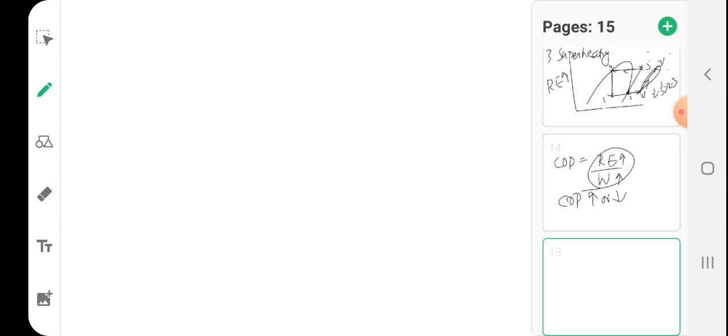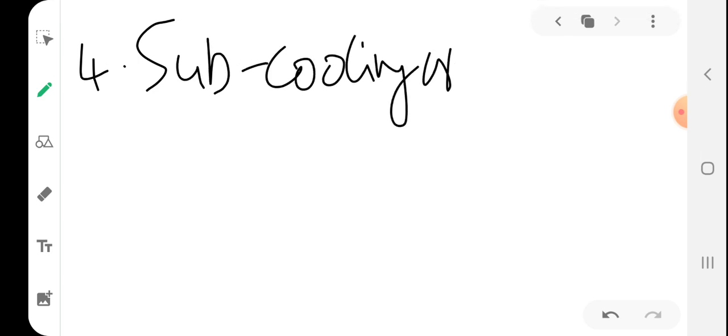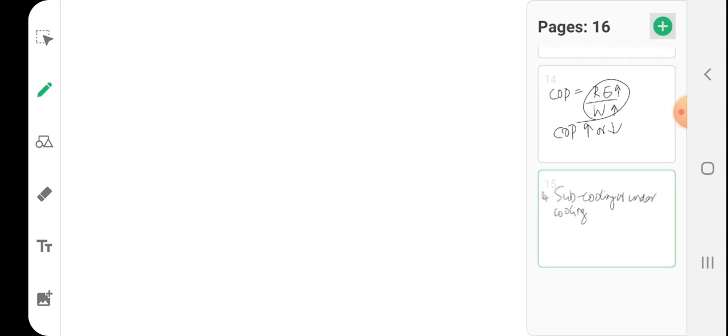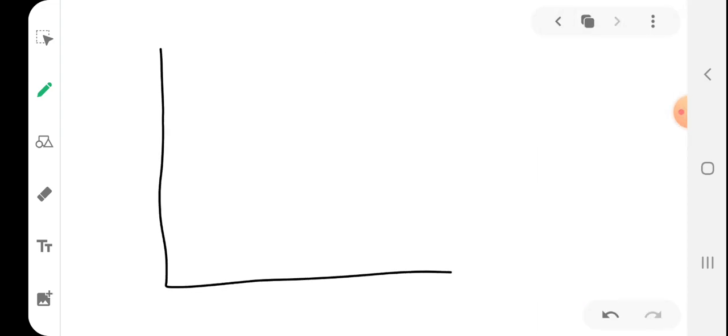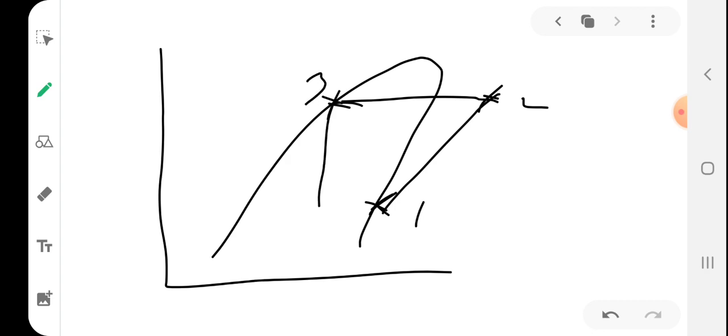Now the fourth one is subcooling or undercooling. We have done the problem based on subcooling. Here I will show you a figure. This is our pH diagram. Suppose this is 1, 2, 3, 4.